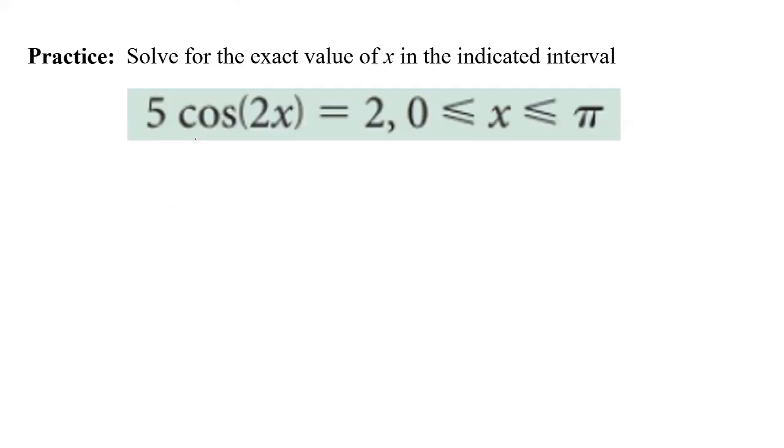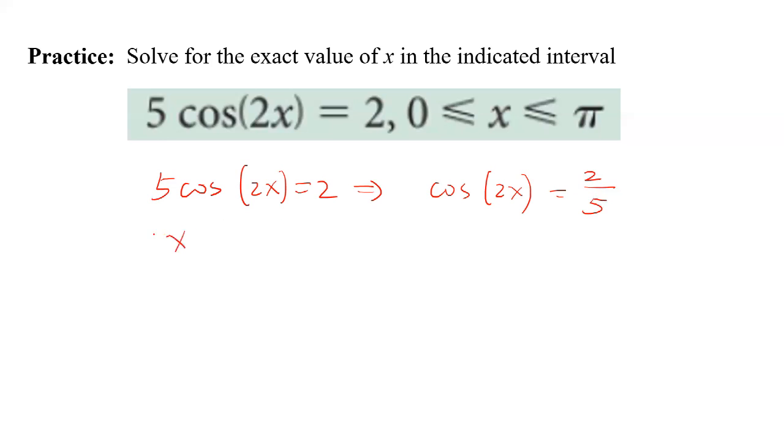All right, so we can start from the given information. We know that 5 cosine 2x equals 2, right? And this gives us cosine 2x equals 2 over 5, right? And we also know that x is between 0 to pi inclusive.